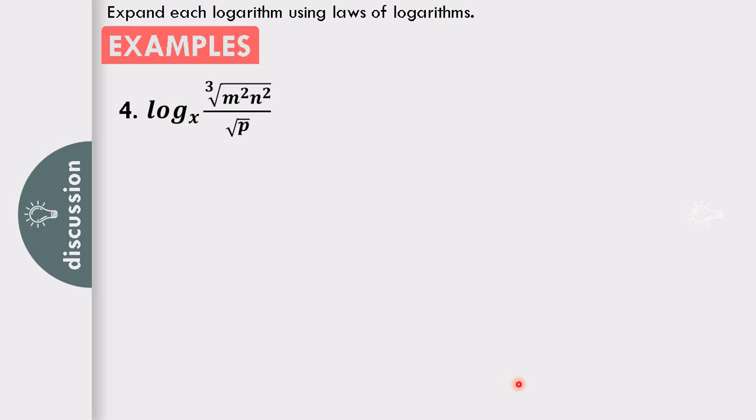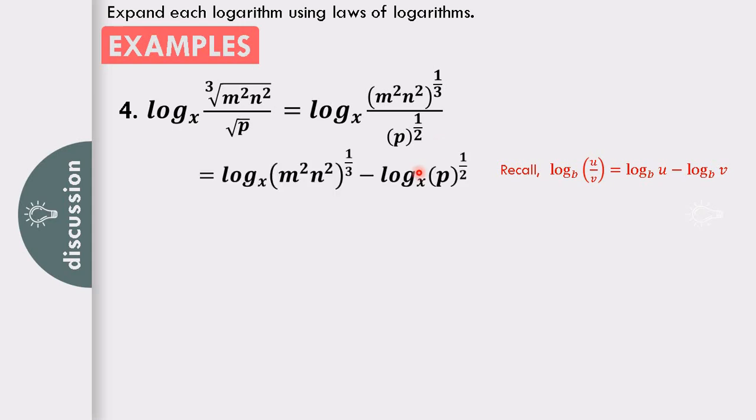So next one, we have logarithm of the cube root of m squared n squared over the square root of p, to the base x. So first, change all the radicals into exponentials. So we have m squared n squared raised to 1/3 and p raised to 1/2. Okay. So next, we have this property.